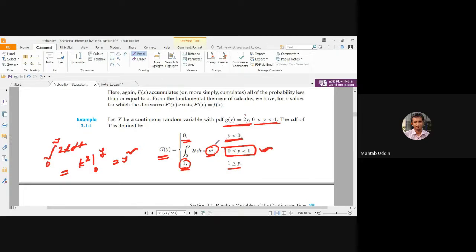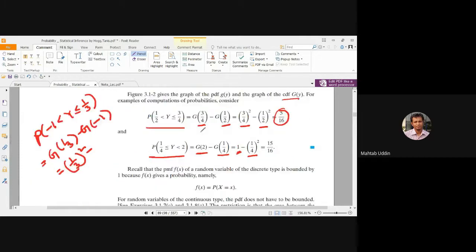Before 0. Am I right? Yes, sir. So its probability is what? 0. So you can see, if you know the CDF, it's very easy to find the probability in case of continuous type. Clear? Yes, sir.